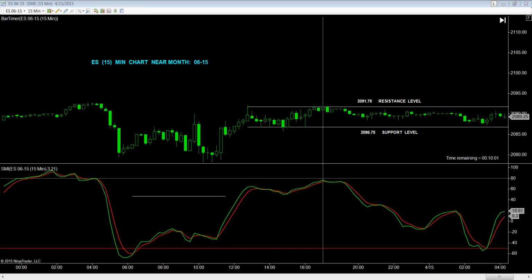The largest institutions, for anybody who's been trading even a short time, I know very well that these people with the largest pockets are in control and can manipulate, move prices from one level to another.